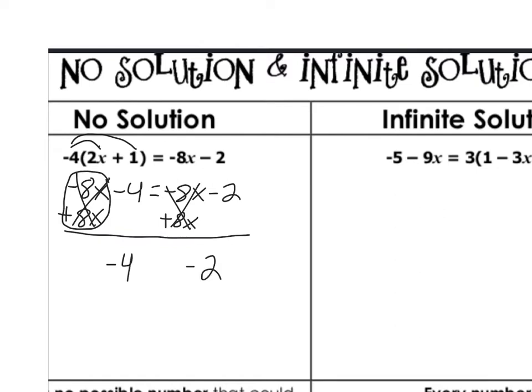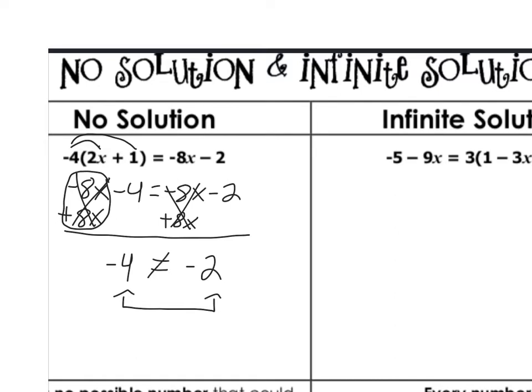Okay, so you're going to have some situations like this. So what would your solution be in this case? We'll go more in depth into this tomorrow or Monday. But all you need to see is, hey, is -4 actually equal to -2? And it's not. -4 is not equal to -2.